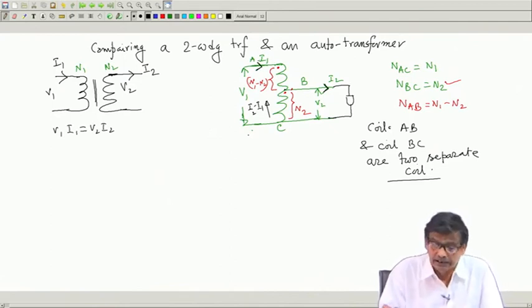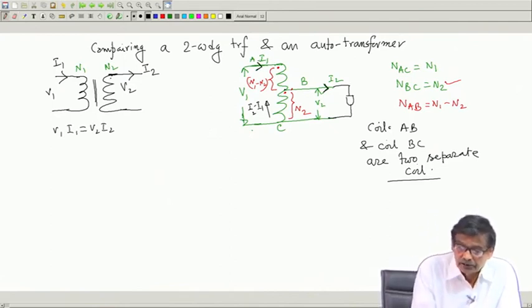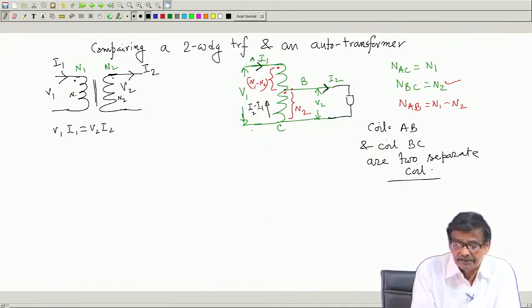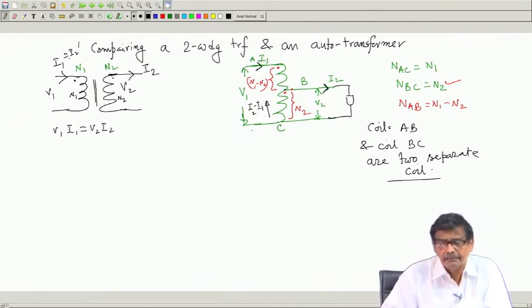In a two winding transformer, remember these two are dots here. If the current delivered is I2 and this has N2 turns and your primary has N1, then as I told you, if it is an ideal transformer, I1 is nothing but I2 dashed, I2 by a. MMF must be balanced.